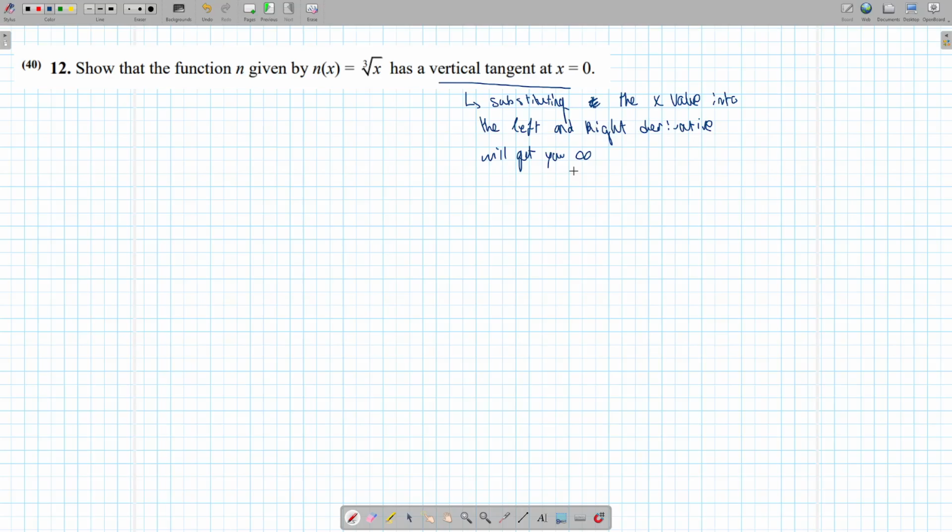They both have to be infinity, either plus infinity or minus infinity.